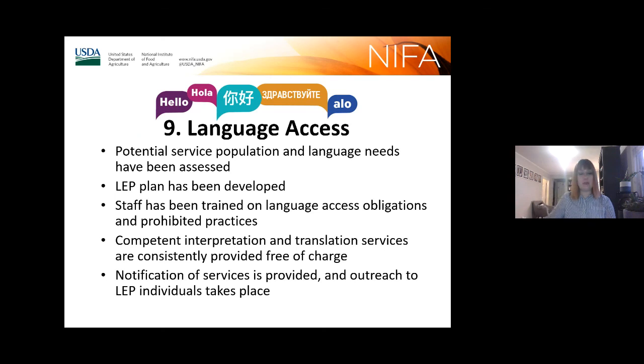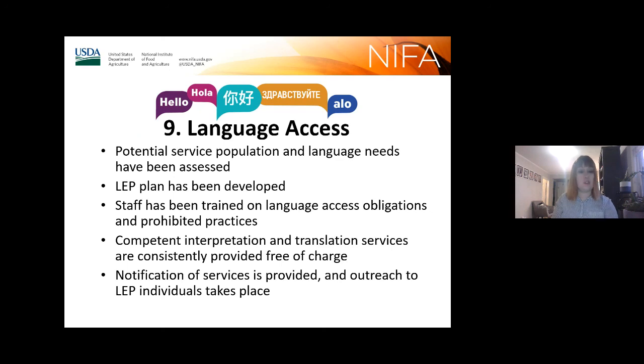Now, the last review area is language access. For this area, we want to see that you've assessed your potential service population and the language needs of your potential service population, that you've conducted that assessment and developed an LEP plan as a result, a plan for providing language access to individuals with limited English proficiency.